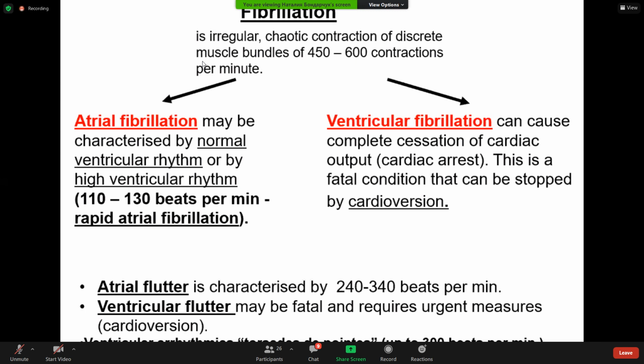Ventricular flutter may be fatal and requires urgent measures, cardioversion. Ventricular flutter is a life-threatening condition. So, a ventricular arrhythmia of a special type, torsades de pointes, up to 300 beats per minute. Today we will speak about treatment of such type of arrhythmia.